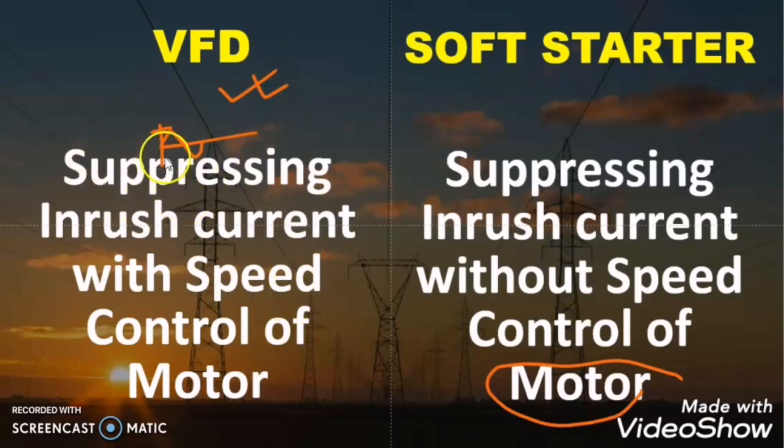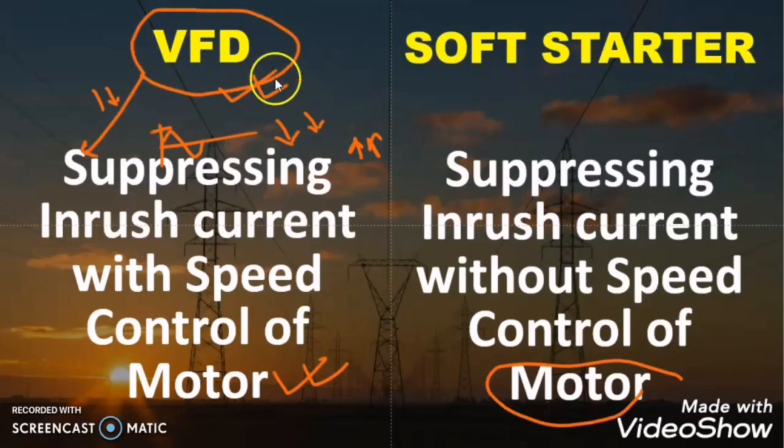So at the time of starting, we are giving very low frequency and very low voltage. So the motor will start slowly, and slowly we will increase the voltage and frequency to have the motor gradually increase its speed. But during operation, again we can decrease the voltage and frequency in order to decrease the motor speed, and again increase them in order to increase the speed of the motor.